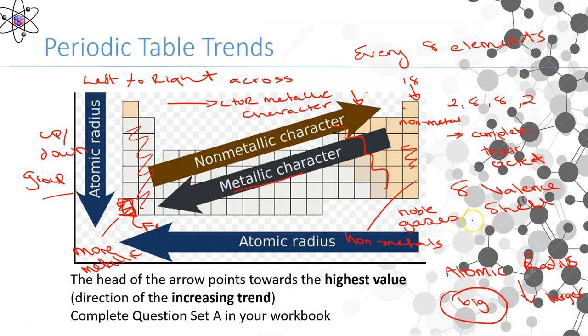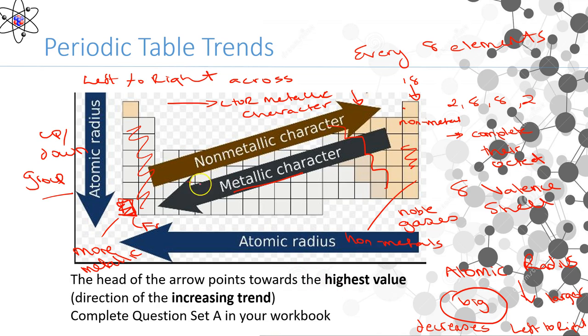And it is biggest on the left-hand side, so atomic radius decreases as we move from left to right, which means that the atoms on the right-hand side of the periodic table are going to be much, much smaller than the ones on the left-hand side of the periodic table.